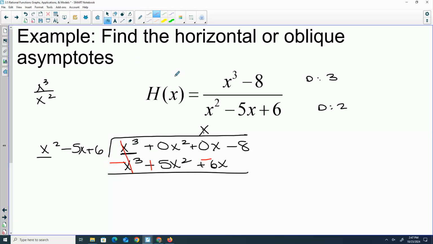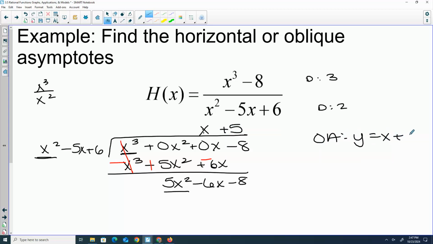X cubed and negative x cubed cancel. 0x squared and 5x squared is 5x squared, minus 6x, minus 8. Okay, what is 5x squared divided by x squared? 5. And that's all I need. My oblique is y equals x plus 5.